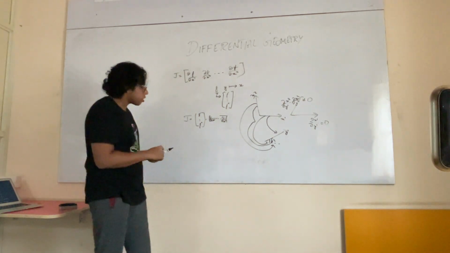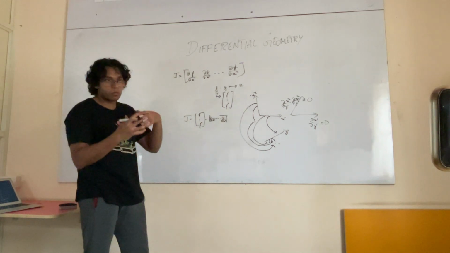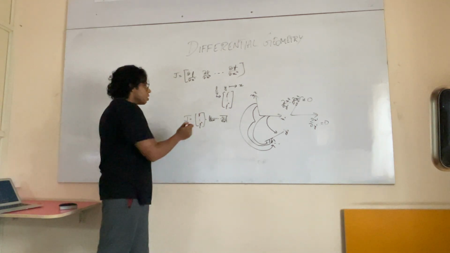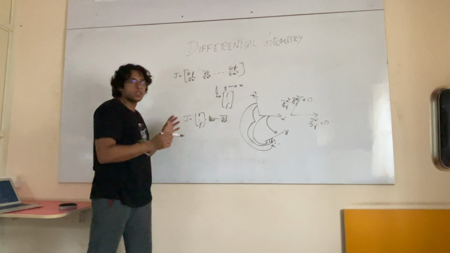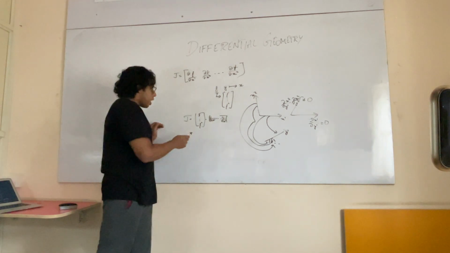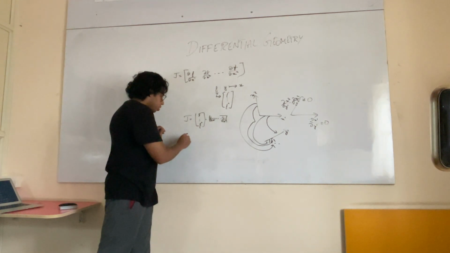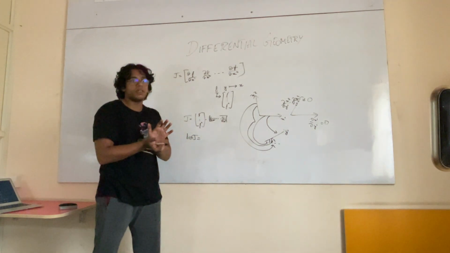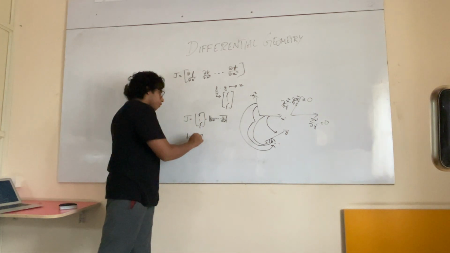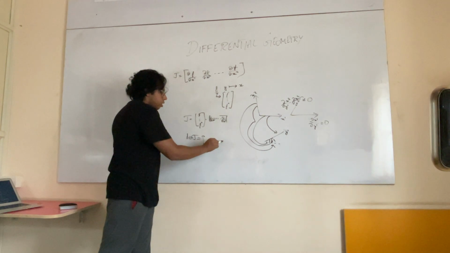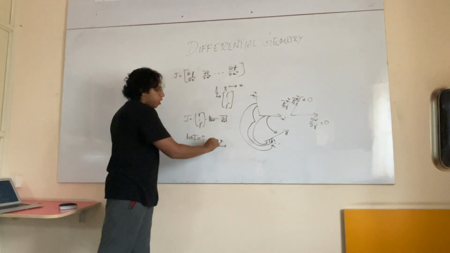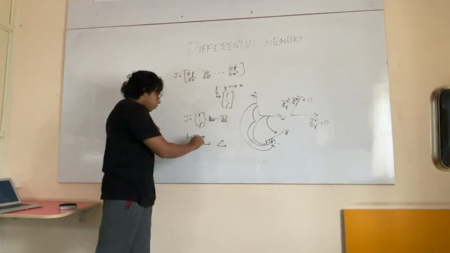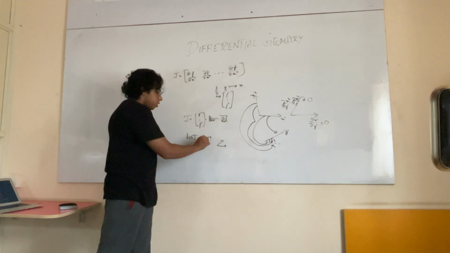But one more thing that you need to take away from this is that the Jacobian gives you a matrix, and the determinant of the Jacobian gives you how the area has changed. So for example, this area is 1 and this area is, let's say, half the area covered by 2 unit vectors.